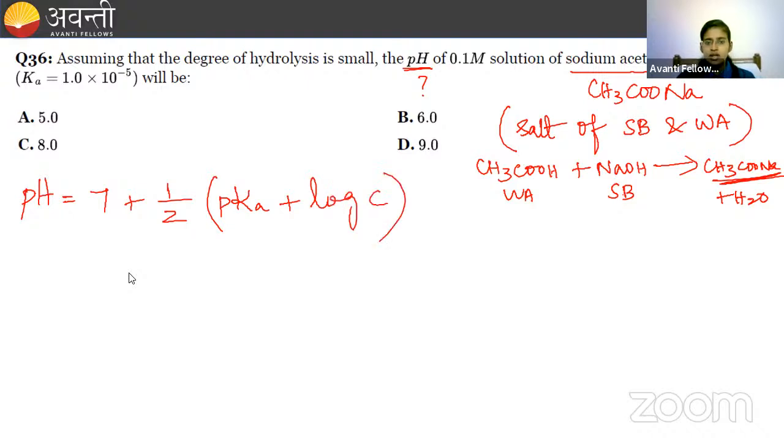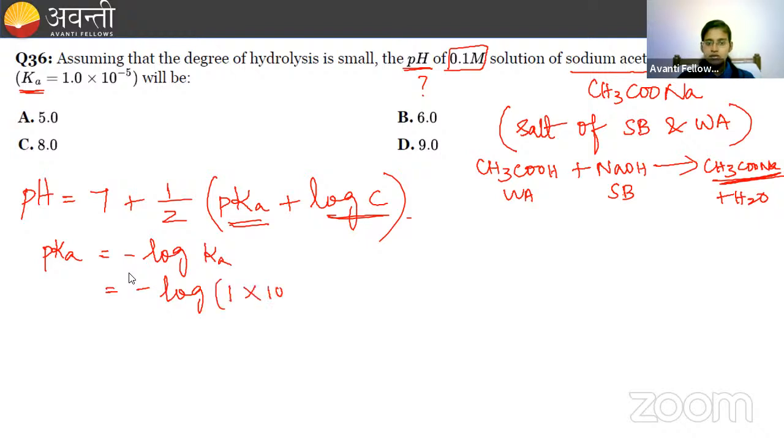Now we need to check the required terms. In the formula, we have pKa and log C. C is the concentration, which is given in the question, but pKa is not given. Instead, the Ka value is given. So first we have to find pKa from the Ka value. We know that pKa is equal to minus log of Ka, which is equal to minus log of 1 into 10 to the power minus 5.